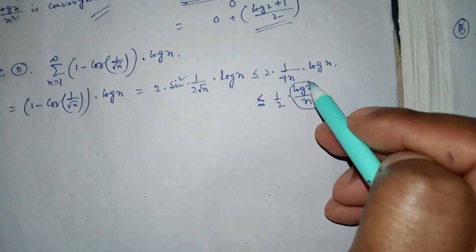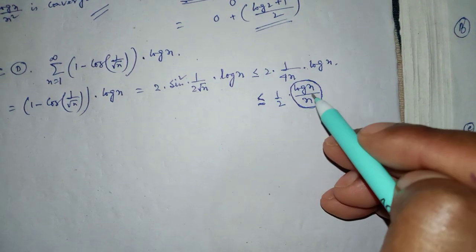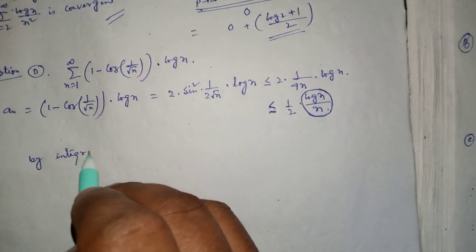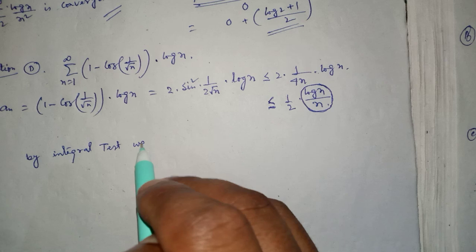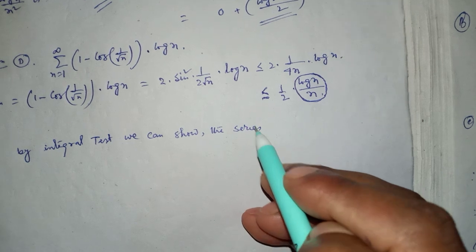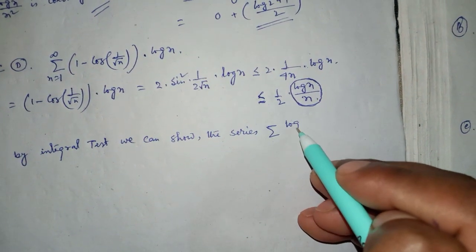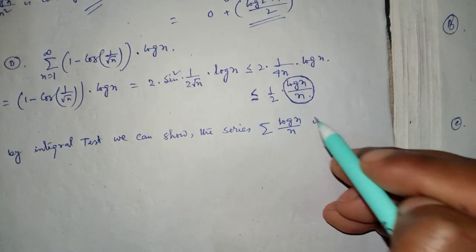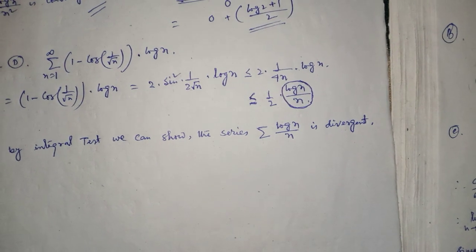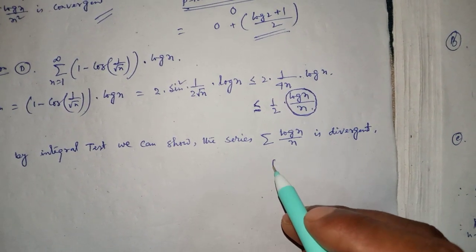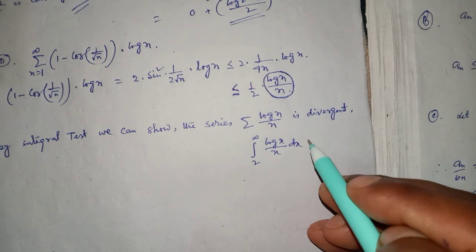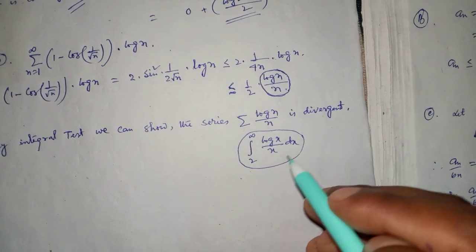But by integral test we can show the series summation log n by n is divergent, because the integral 2 to infinity log x by x dx does not have a finite value.